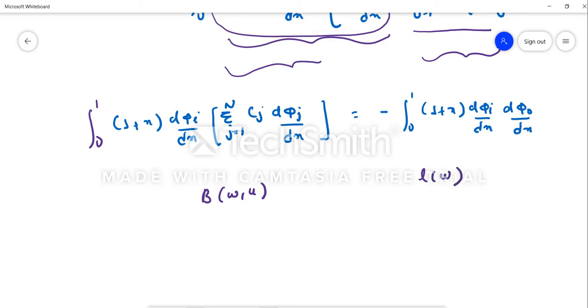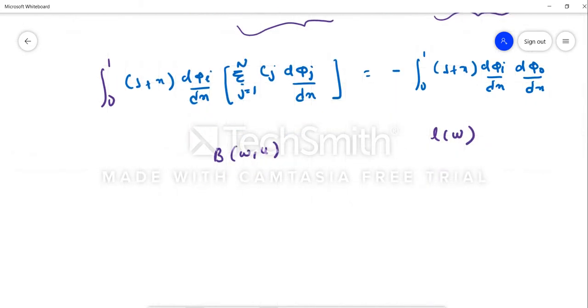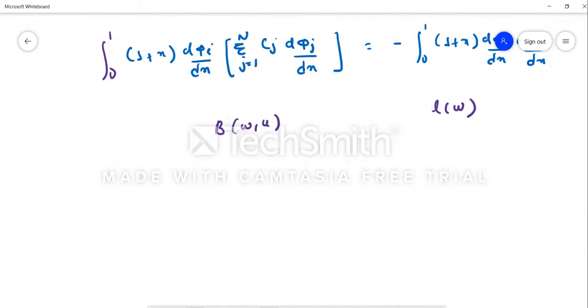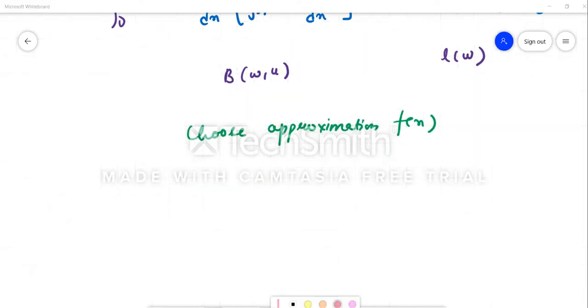Finally, we will choose an approximation function. For the approximation function we know phi naught at 0 equals 0 and phi naught at 1 equals 1.